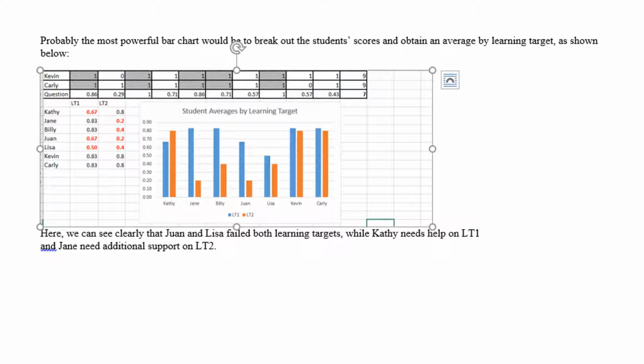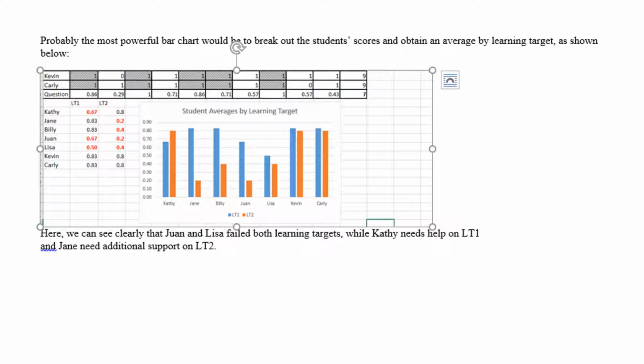I added all of Kevin's scores together and separated them into learning targets. And so his average for learning target 1 was 0.83. So there should be 5 questions for learning target 1. Add those scores up, divide by 5, and you can get a 0.83. So Kevin got 83% on his learning target 1. Kevin got an 80% on learning target 2. Not bad. So we would consider Kevin proficient because remember our target says 80%.